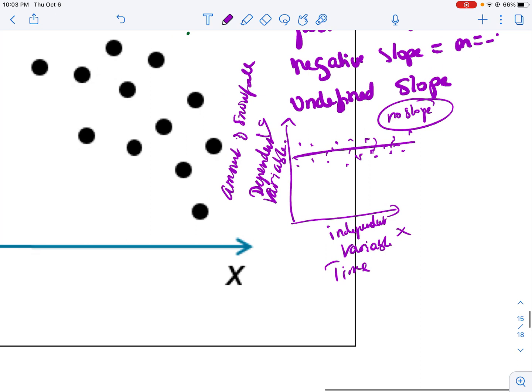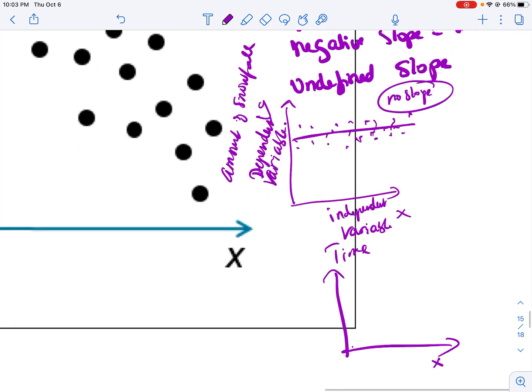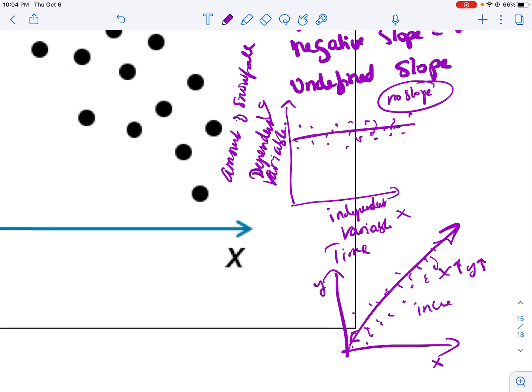Now, if I have an increasing relationship, that is, as time goes up, the amount of snowfall increases as well, then this is the relationship you're going to see, an increasing behavior. It looks like this. So you can just put a line right here, go straight up, increasing, or my slope is positive.